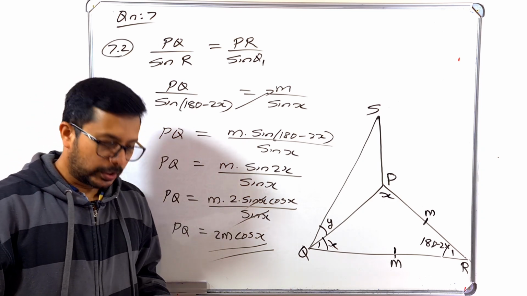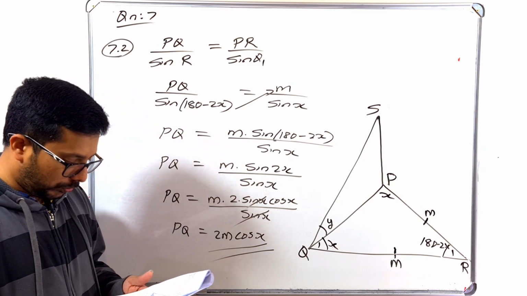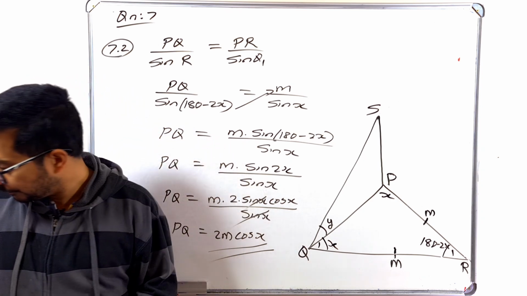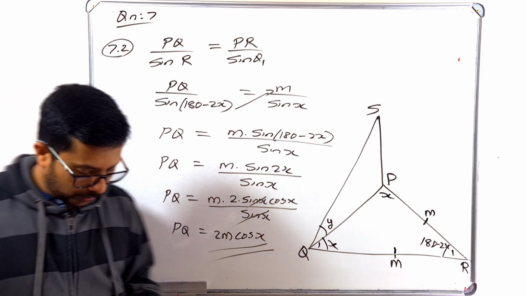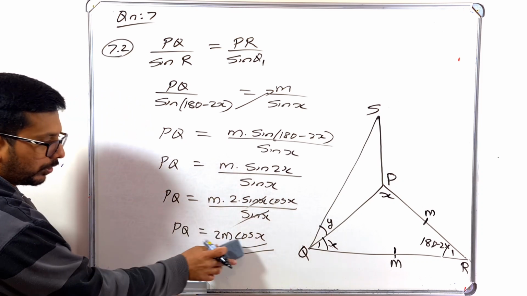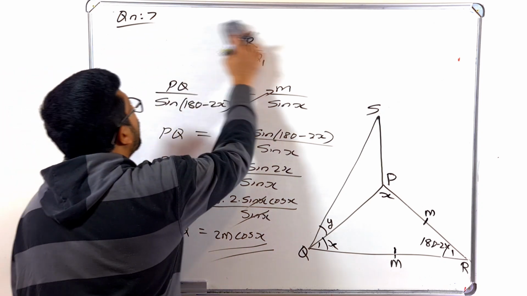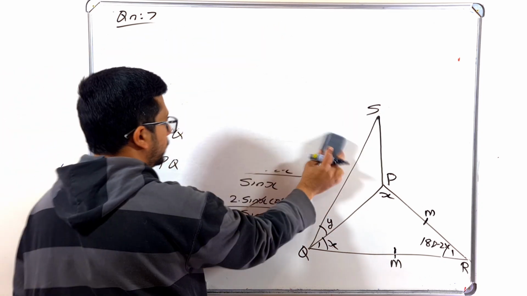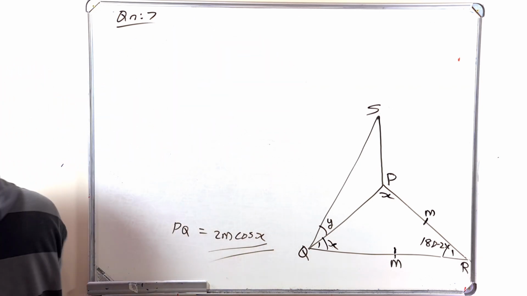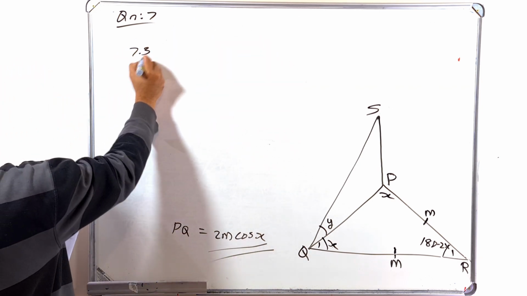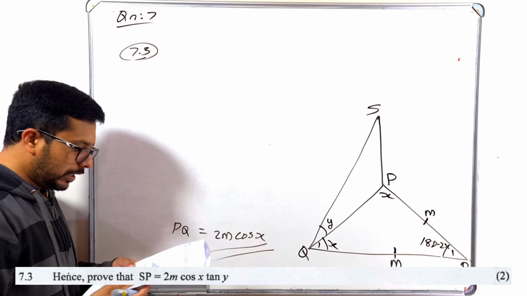So that is question number 7.2, and now let's move to 7.3. So what is PQ? PQ is 2m cos x. Don't forget this one. Now question number 7.3. What is that question? Hence prove that.